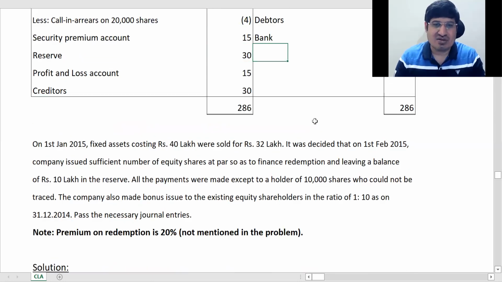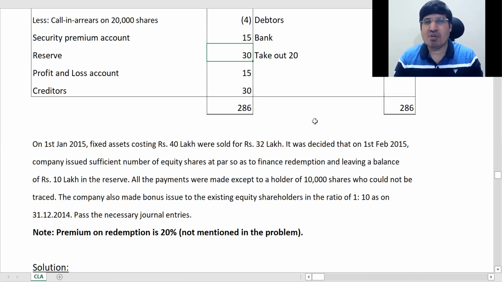It's 10 lakhs, right? So you want to keep 10 lakhs. Then how much you can take out? Take out 20. Correct? Only then you will be able to leave 10 lakhs.